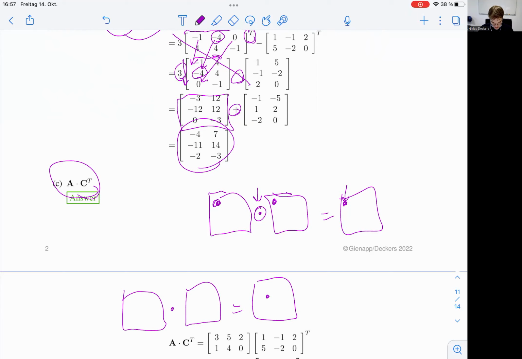And you do it the following way. First, you determine the row again, and you apply it here. Then you extract this row, and then you determine the column, and you apply it here, and extract this column.